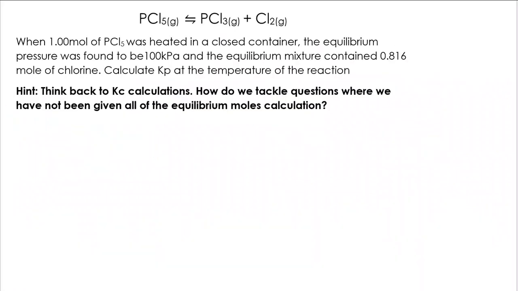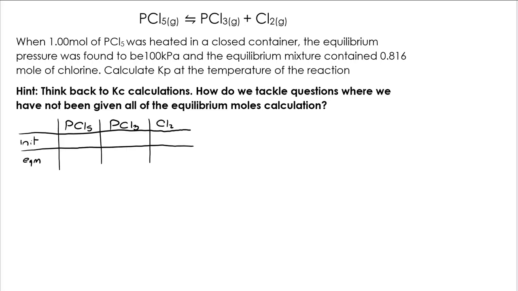Okay, a more complicated question again. So in case C, you might remember doing tables and calculations whereby you know the initial moles of some and you know the equilibrium moles of others, and you've got to work out the equilibrium moles of all of them. So this is one step before working out the mole fractions.